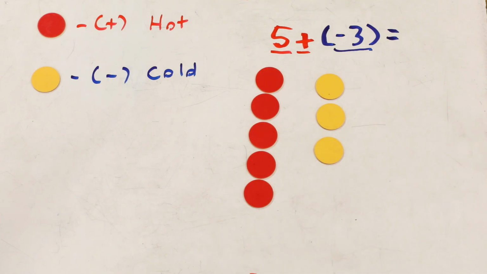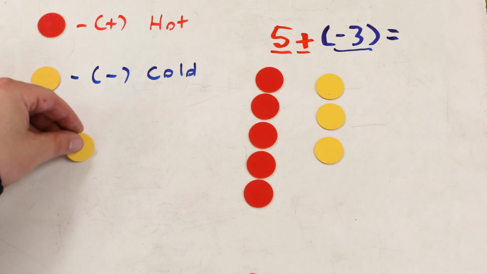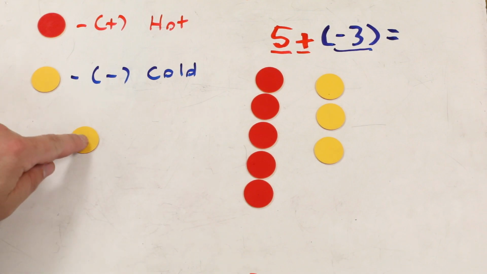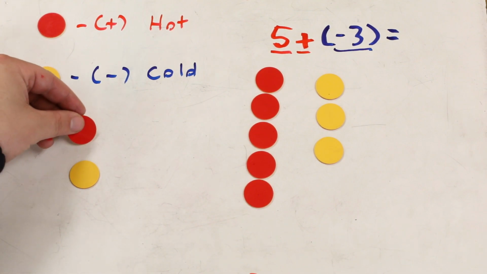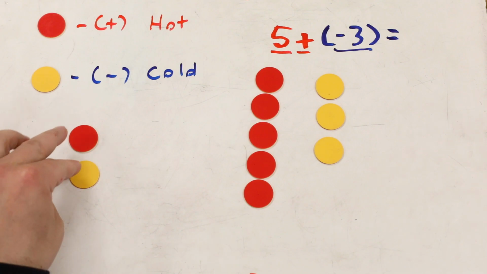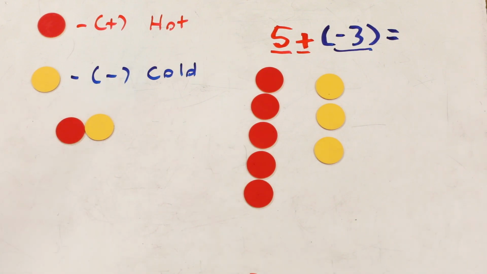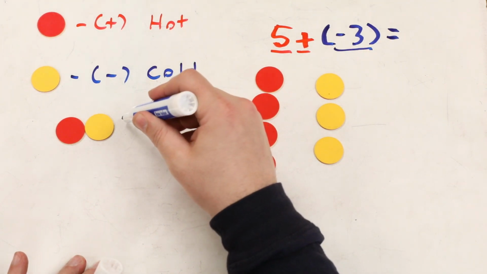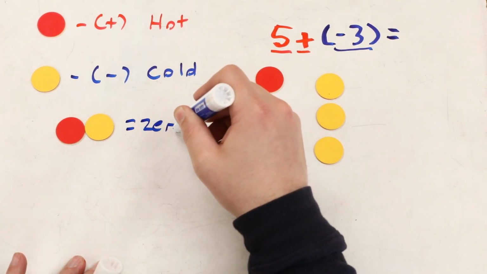And so what we do now is we learned in a previous lesson, when we have a positive and a negative integer, when we have both of them, they form something called a zero pair.